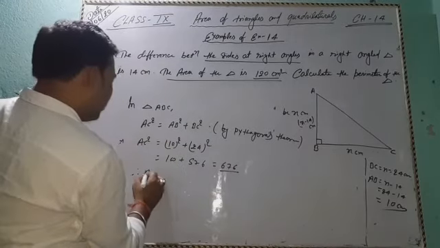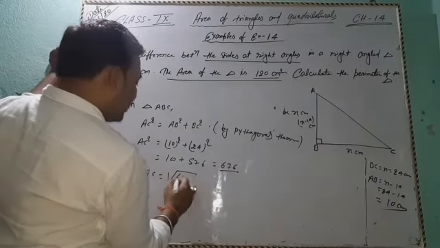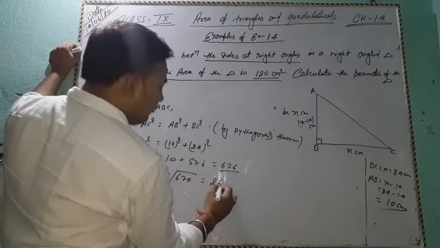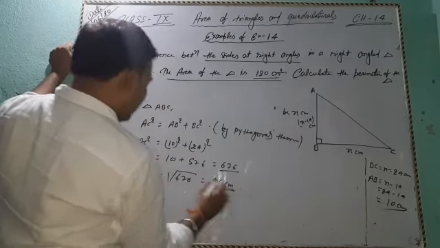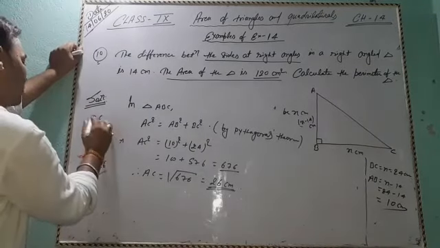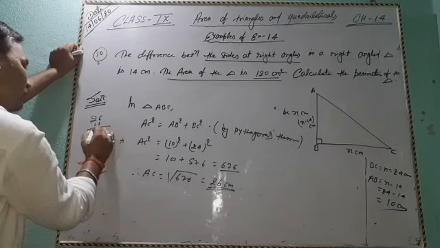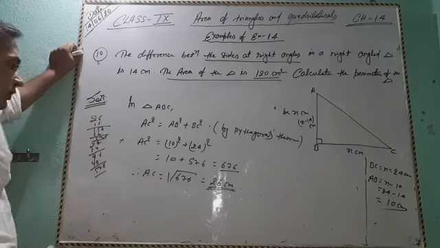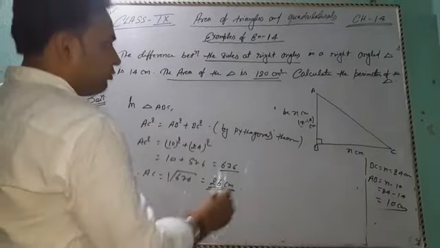So AC equal to root under 676 equal to 26 centimeter.